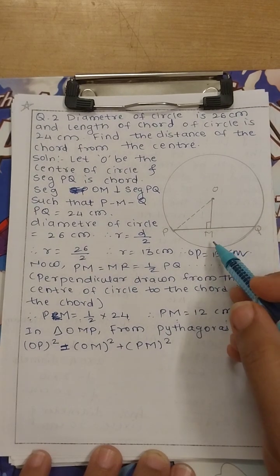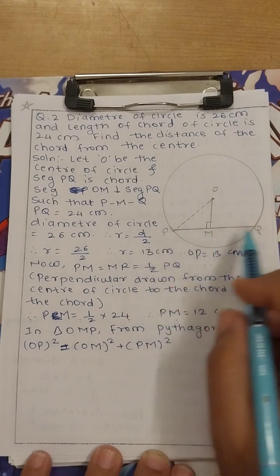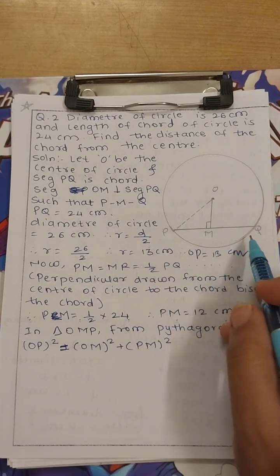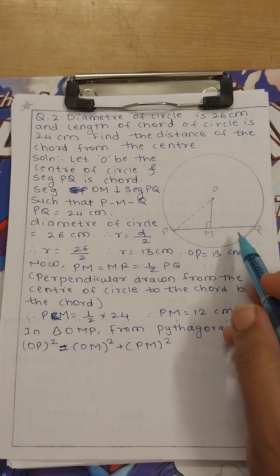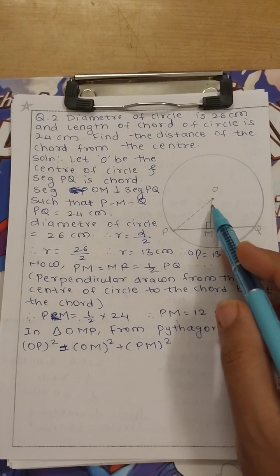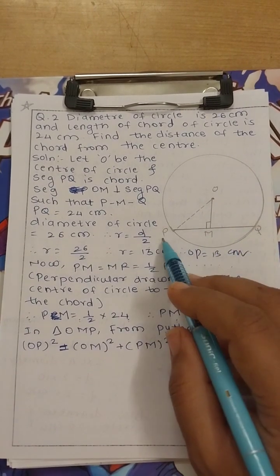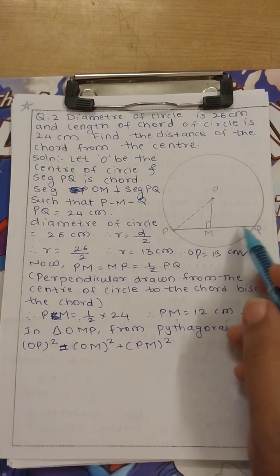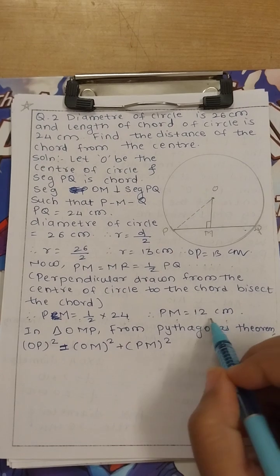Now PM is equal to MQ is equal to half of PQ. What is the reason? Perpendicular drawn from the center of a circle to the chord bisects the chord. Therefore PM is equal to MQ is equal to half of 24, which is equal to 12 centimeter.